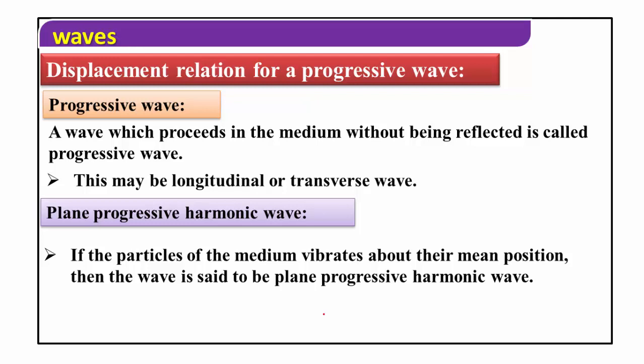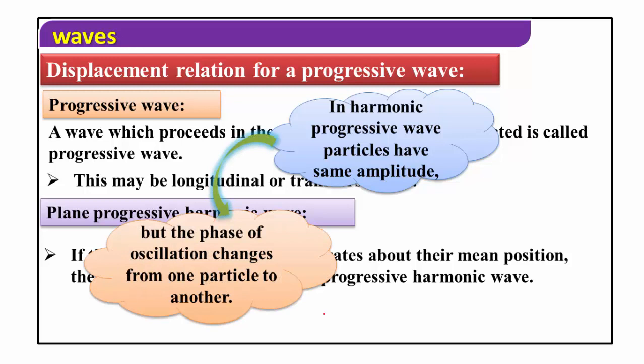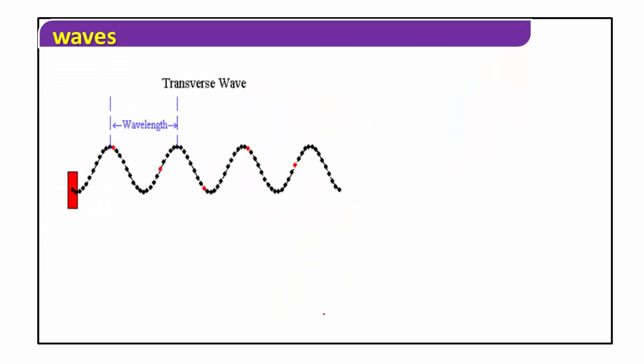A wave which proceeds in the medium without reflection is called a progressive wave; if it vibrates about the mean position, it is a harmonic wave. Here, in a harmonic progressive wave, the particles have the same amplitude and frequency, but the phase of oscillation changes from one particle to another.